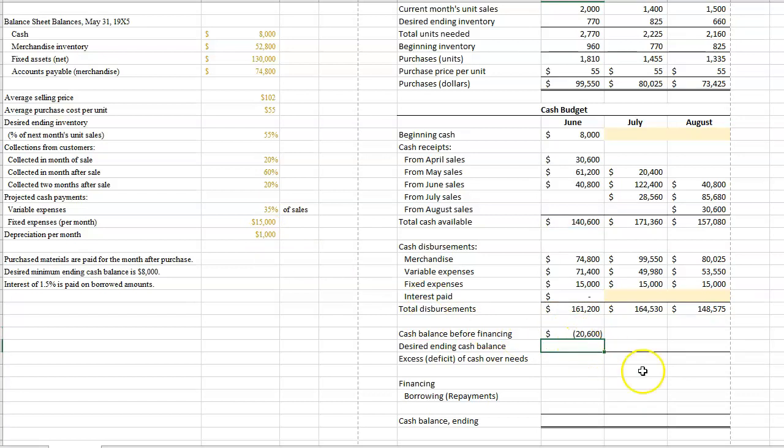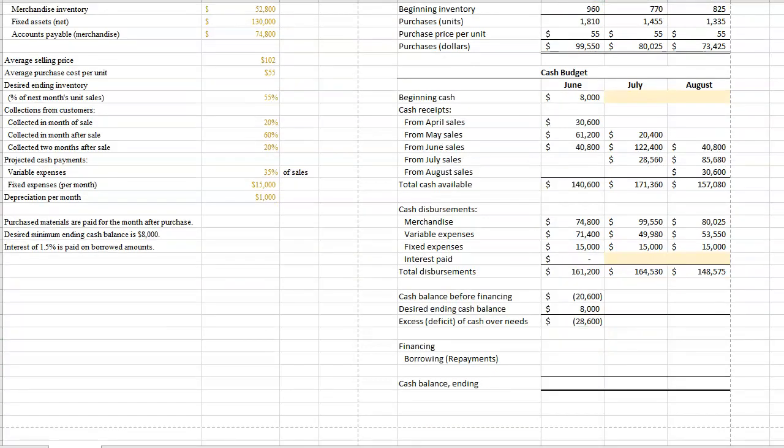Now, we also have a desired cash balance of $8,000, right? Which means that technically we aren't low by negative 20,600. We are low by $28,600. So we're going to have to borrow some money to cover that.